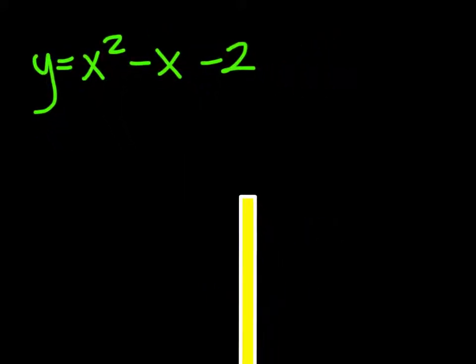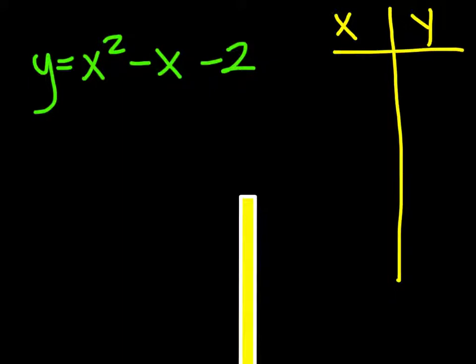So table of values means we're going to have x's and y's. So for every x I put in, I should be able to get a y out of it. And we're going to put in the numbers -2, -1, 0, 1, 2. And I'm leaving a little bit of space just in case I need to add some more values to see if I can find where the vertex is or something else.